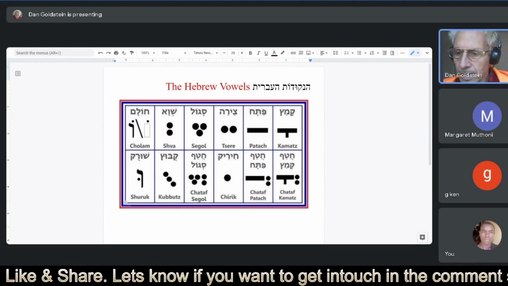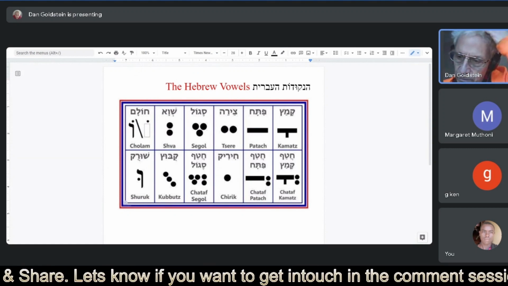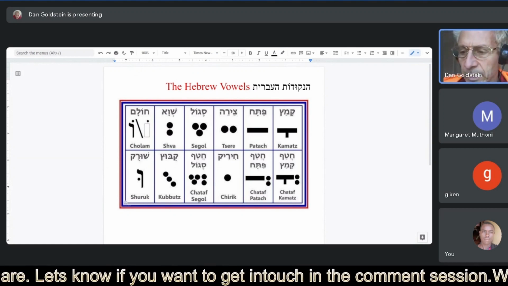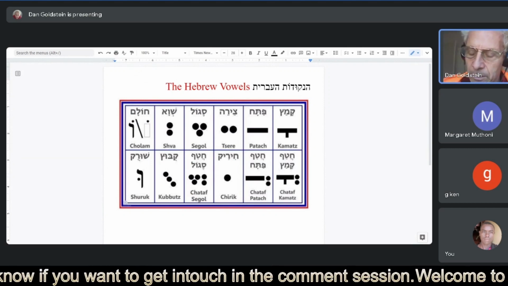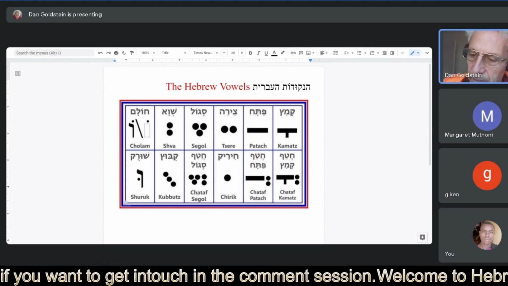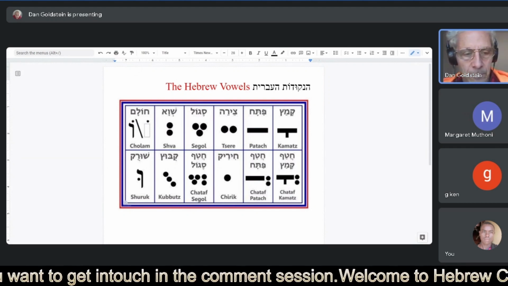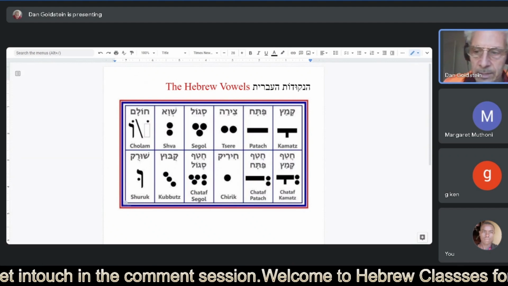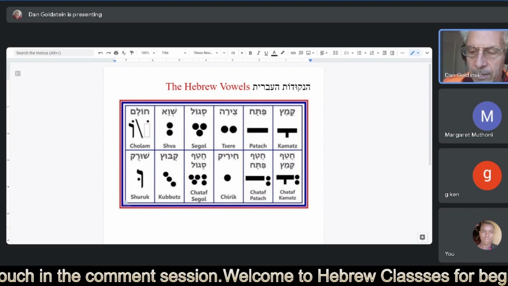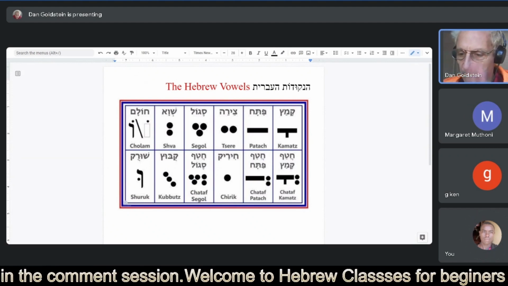If that schwa is at the beginning of the word, we give it a little vocalization, like I. If it's in the middle of the word, we don't pronounce it, but we use it as a stop sign.